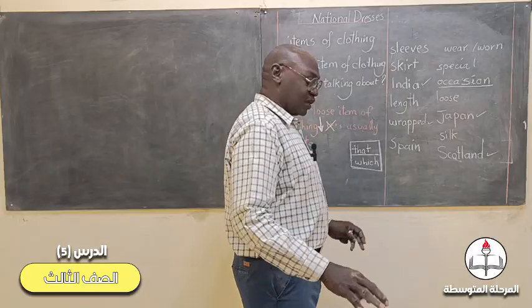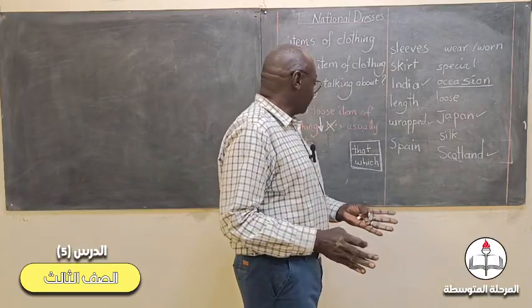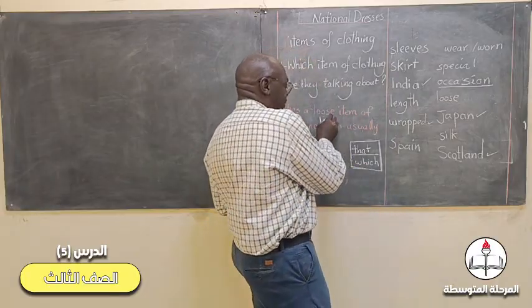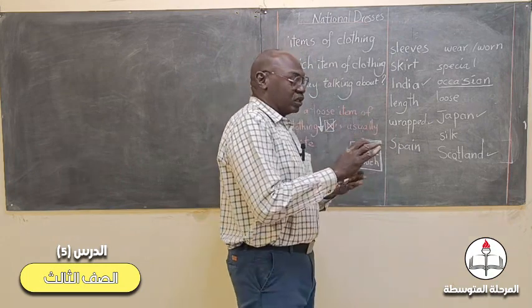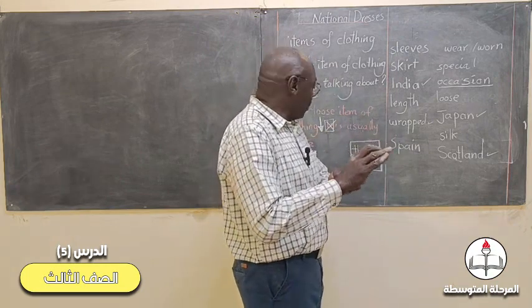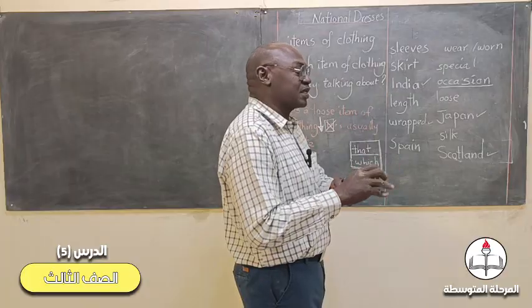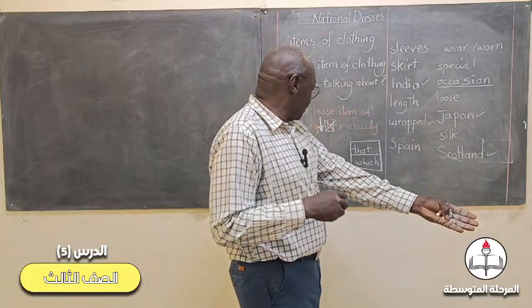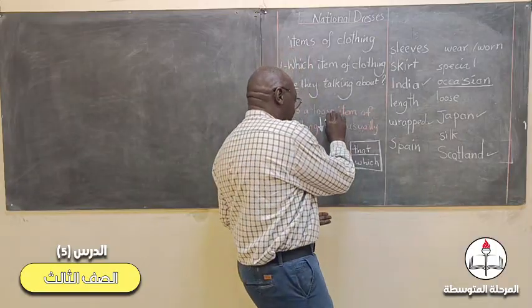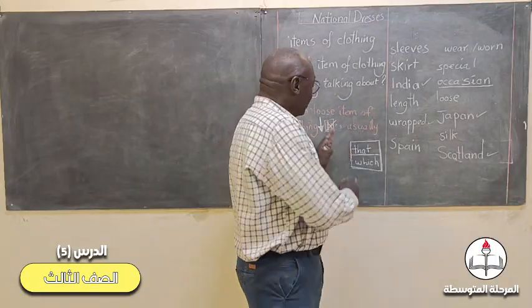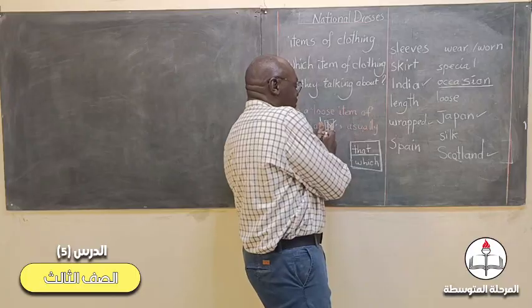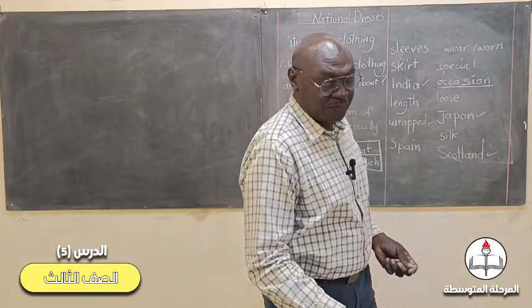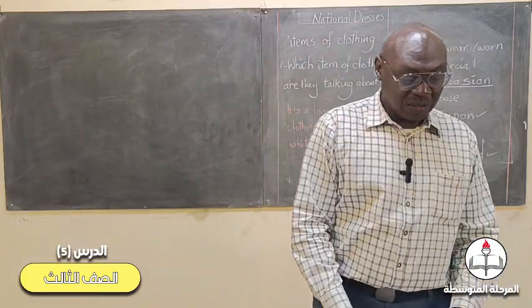Is it clear? How do we use them? In the middle. And what shall we do? We omit the pronoun in the second sentence, the pronoun that refers to the subject. We omit it and then we insert the relative pronoun.